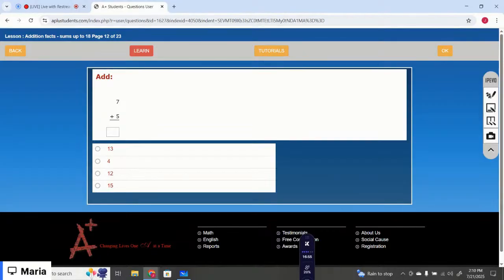7 plus 5 makes. Start with 7 and count up to 5. So the correct option is 12. It is option number 3 is the correct option.